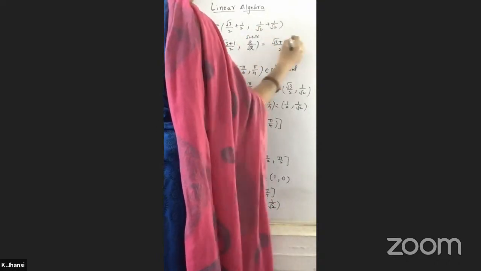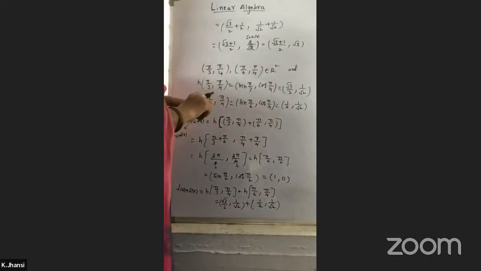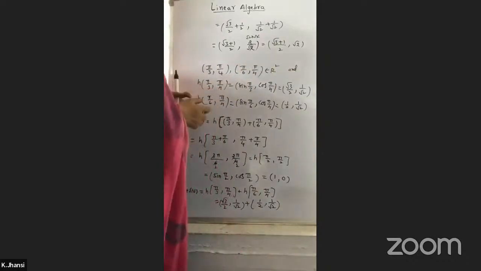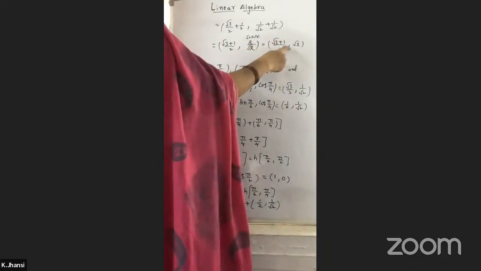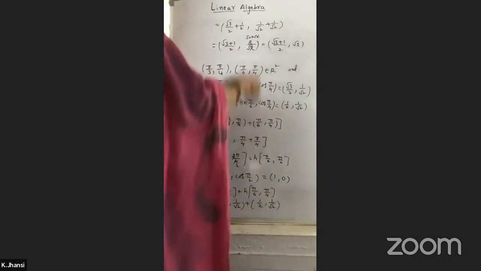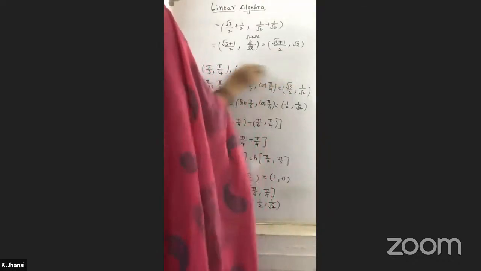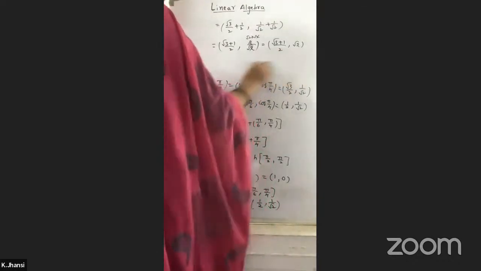So the denominators will get cancelled, you will get root 2. Okay. So we got this value as root 3 plus 1 by 2 comma root 2. But the other value we got is 1 comma 0. So both are not equal. So the first condition is not satisfied. Therefore, it is not a linear transformation.